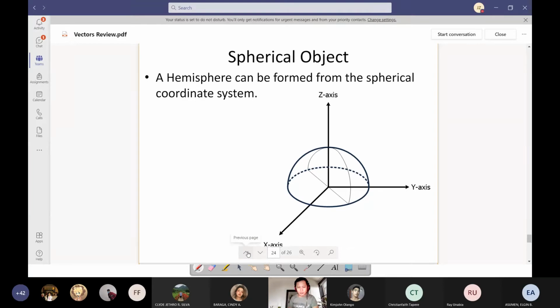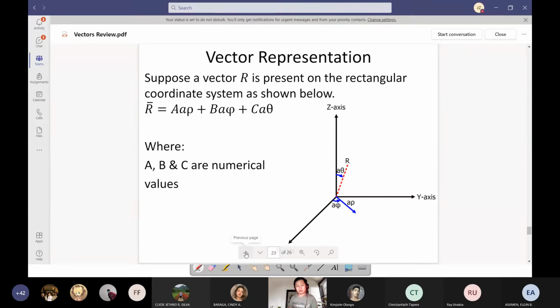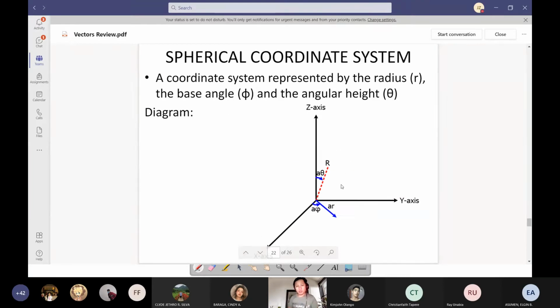Now, the spherical coordinate system is represented by the radius r, the base angle phi, with the x-axis as the basis, and the angular height theta.